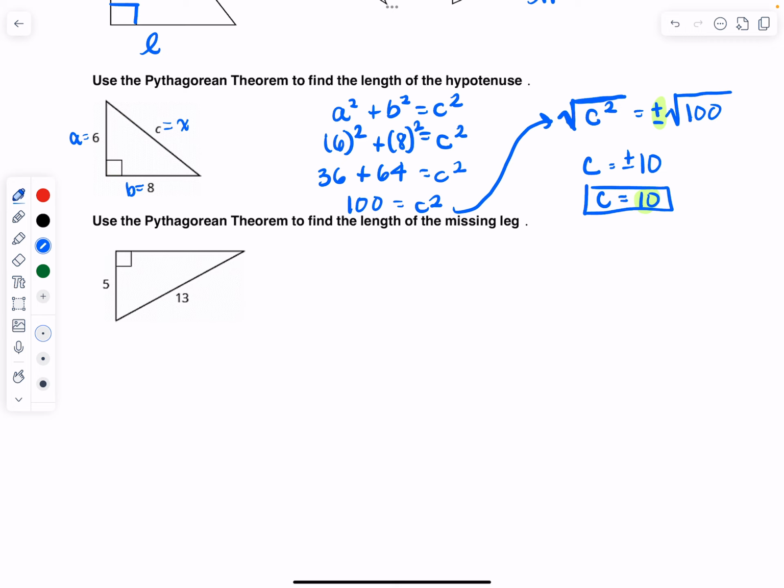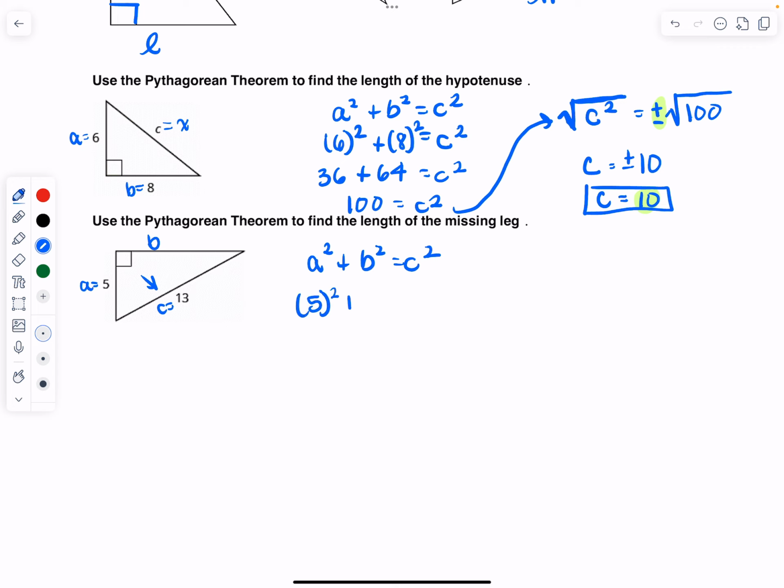Okay, so let's go ahead and look at this next one. Use the Pythagorean theorem to find the length of the missing side. The one leg is 5, so I'm going to call that A. And the other leg I don't know, so I'm going to let that be B. And the side across from the right angle is the hypotenuse, so that's going to be C. So again, I use Pythagorean to find the missing length of the side. So a squared plus b squared equals c squared. And now I plug and play. Where I see a, I'm going to plug in 5.